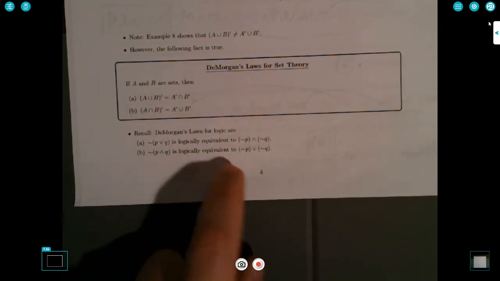We said not (P or Q) is logically equivalent to not P and not Q, whereas not (P and Q) is logically equivalent to not P or not Q. You switch from or to and whenever you distribute the negation, and from and to or. So it's the same thing, very, very similar.